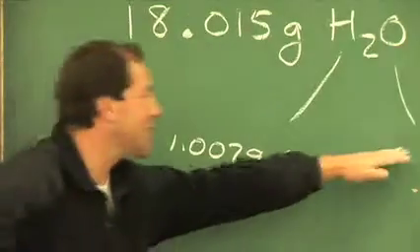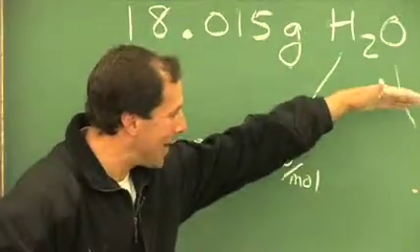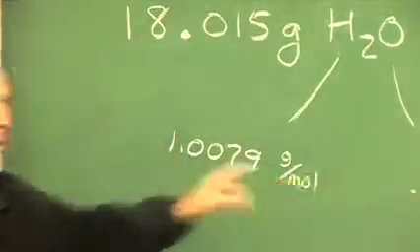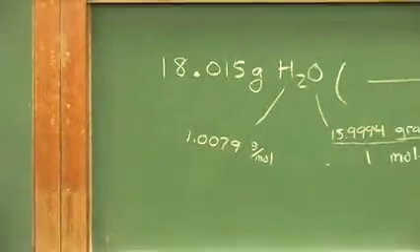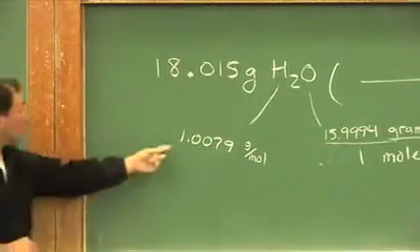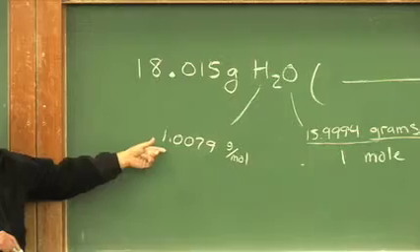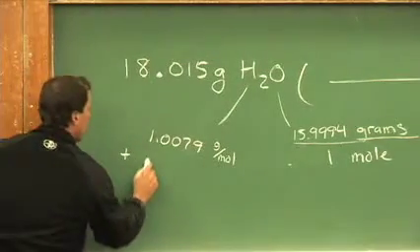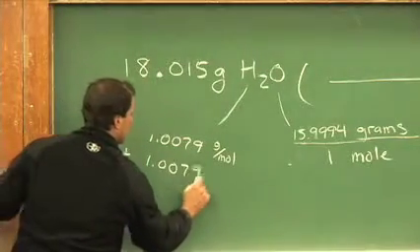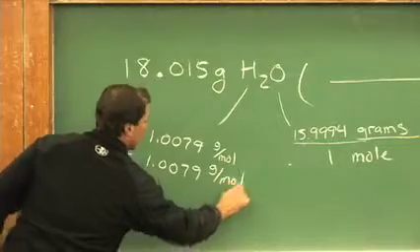I don't need to do this every single time, but I want you to see that we have a numerator and a denominator. We have ourselves a conversion factor. Now there's 2 hydrogens, so one of the hydrogens has a mass of 1 gram per mole plus the other hydrogen.